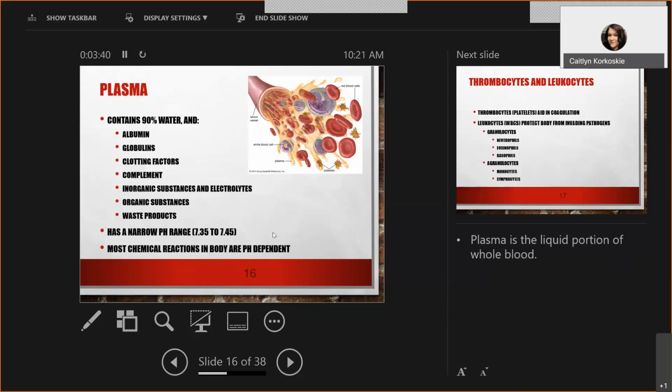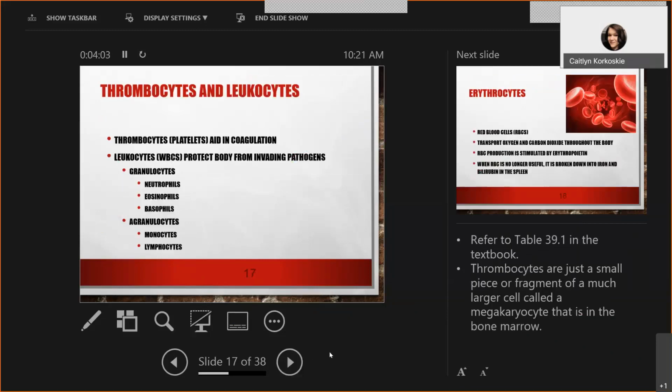Most chemical reactions in the body are pH dependent, and the plasma is the liquid portion of the whole blood. Without the plasma, the blood would be more like jelly than a liquid. The plasma is also the part that helps with clotting.